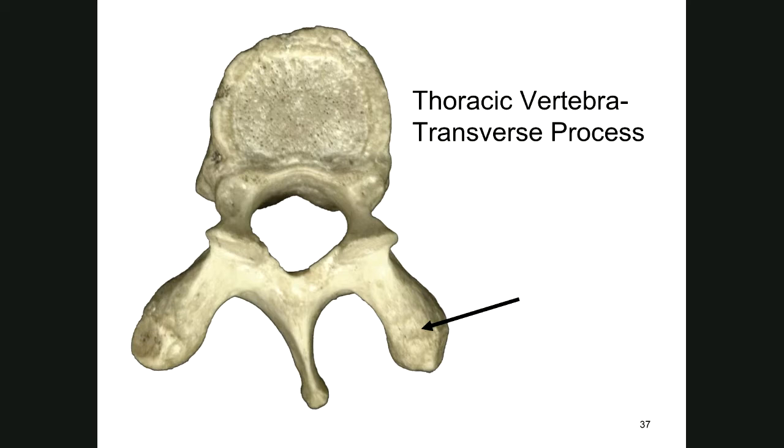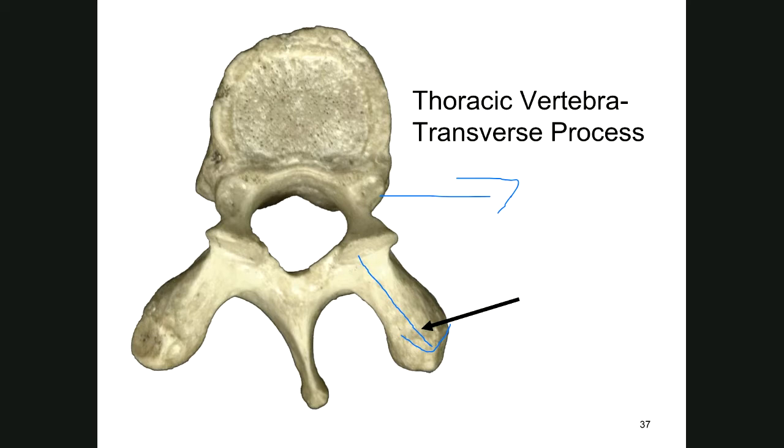Now notice the transverse process. Remember when we were looking at the cervical vertebrae, the transverse process came right off to the side? Well, here on the thoracic, they go more back and off to the side, about 45 degrees, where in the cervical vertebrae the transverse process comes straight out.